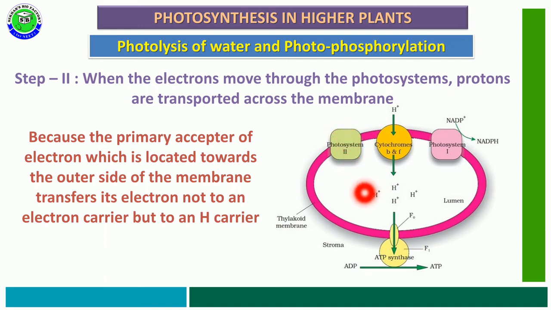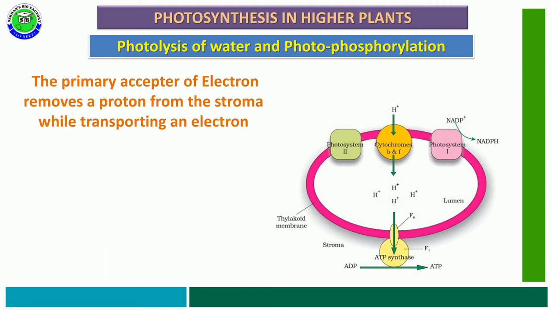That's why, whenever electrons travel from water to PS2, cytochrome and PS1, H+ ions are frequently transported from stroma to lumen, and it is the second reason.